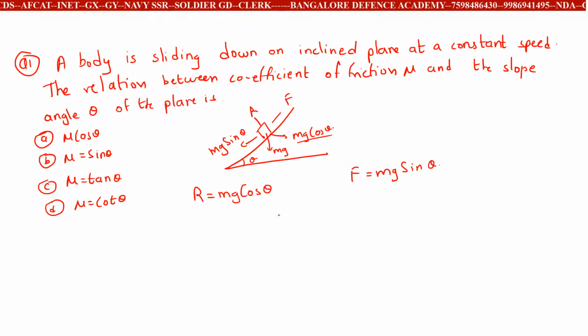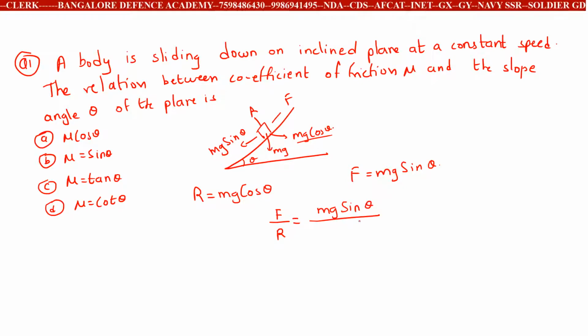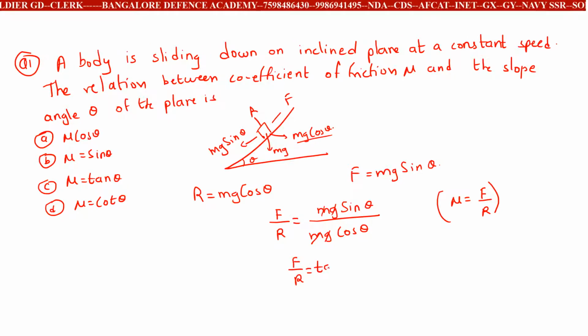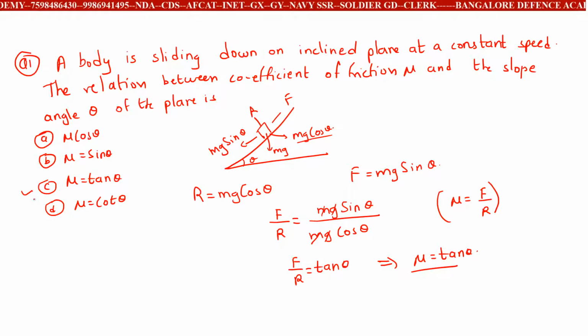Now we have to find out the value. We will do F by R is equal to mg sin theta divided by mg cos theta. Since we know that the coefficient of friction is equal to the force by the reaction force, finally this mg and mg get cancelled, so F by R is left with tan theta. That means mu is equal to tan theta. Option C is the right answer.